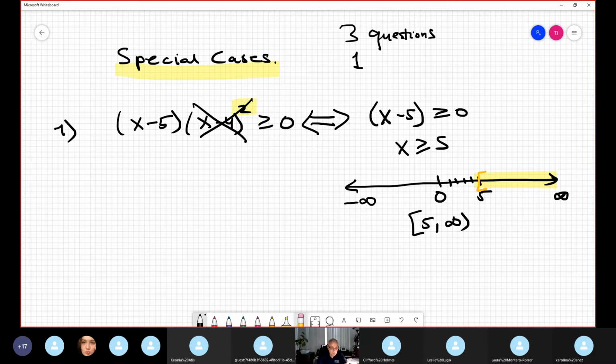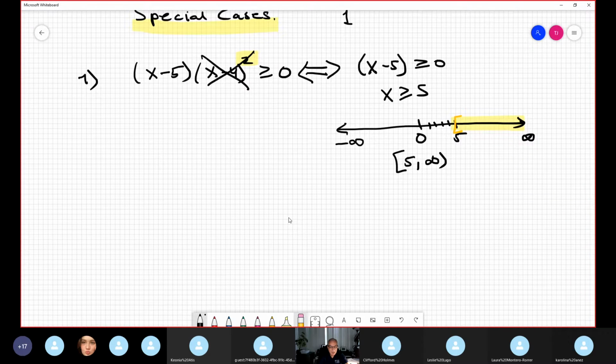Suppose now, look, this example. What is the reason I delete this? Under the consideration that this is always positive, and the positive doesn't affect my inequality. It's completely irrelevant.